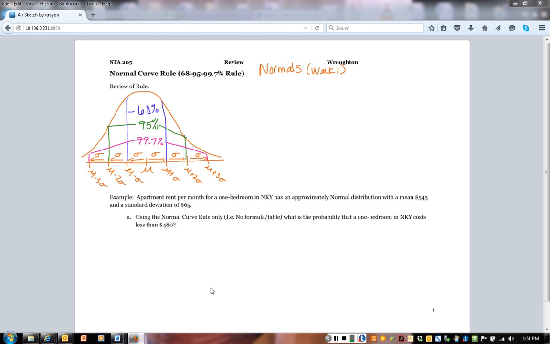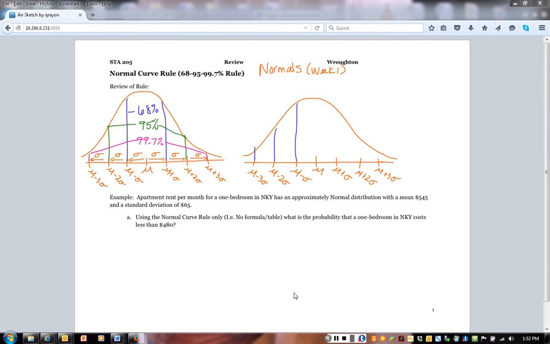So then what we did with this curve is we took the same curve, same numbers along the bottom, so let me kind of quickly add those here. And then what we did instead was broke things up into all these different pieces, and figured out how much had to be in each piece.